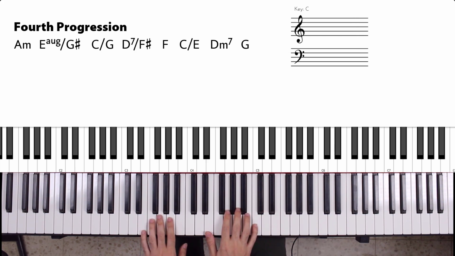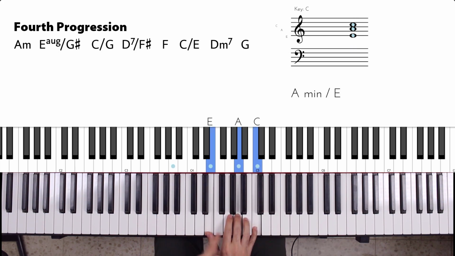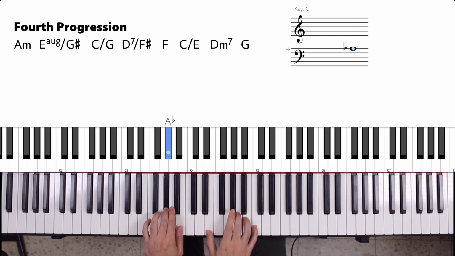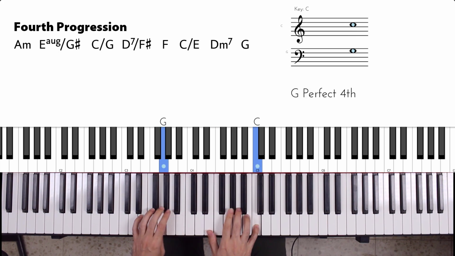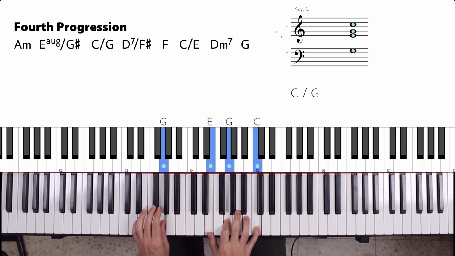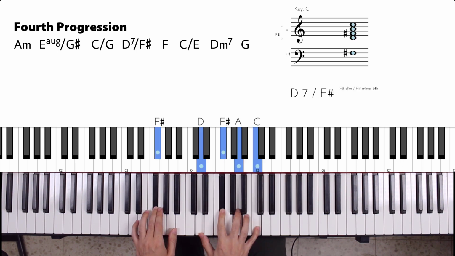The chords I'm playing are an A minor in the right hand over the bass of A, an E augmented over the bass of G sharp, a C major over the bass of G, a D dominant 7 over the bass of F sharp, and then basically the last four chords are the same as the last four chords from the second progression.